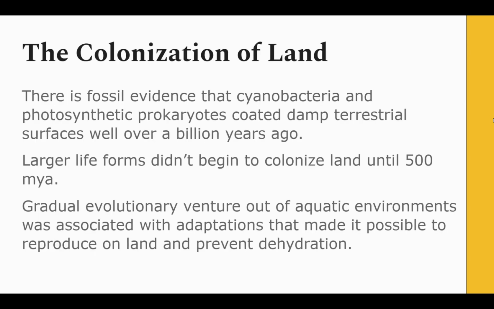Then we get the colonization of land. We had a billion years ago evidence that certain bacteria coated damp terrestrial surfaces. So if a somewhat damp area on land had the right conditions, we could get early cyanobacteria and stuff like that.